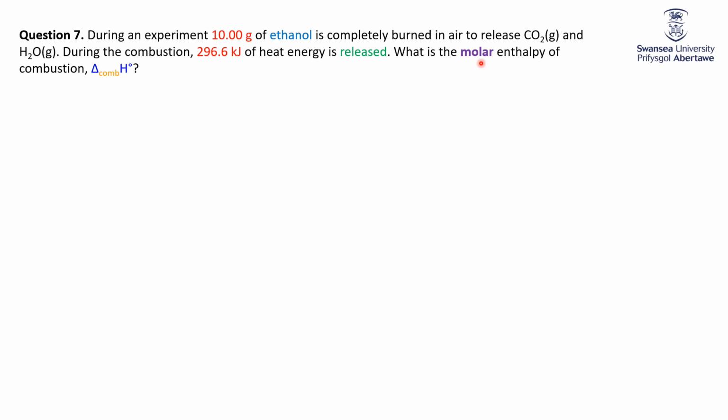I'm interested in what happens when I burn 1 mole of ethanol. Well, 1 mole of ethanol is 46 grams per mole. As we said here, this heat energy is released, which means delta H is negative. So I'm setting up a little ratio, as I did back in the first set of questions. I know that 10 grams corresponds to minus 296.6.